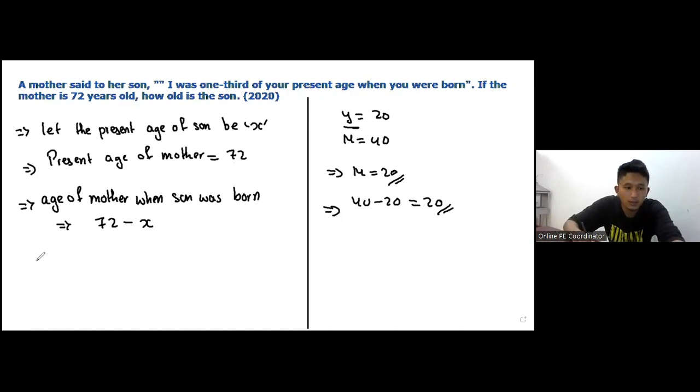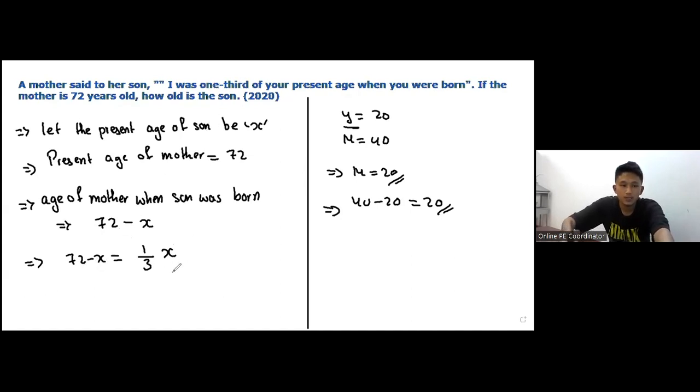The mother was 1/3 of your present age. The present age of the son is x. So when the son was born, the mother's age, 72 minus x, is equal to 1/3 of his present age, which is x.